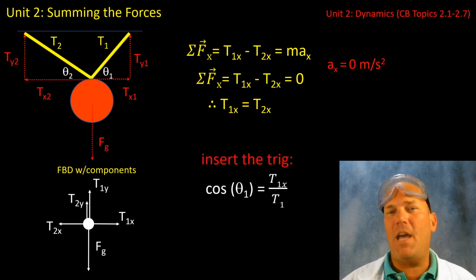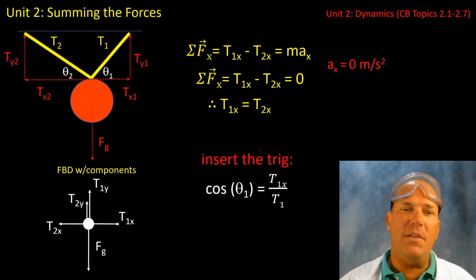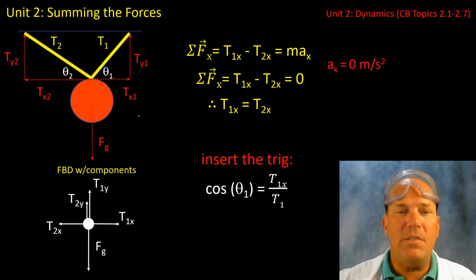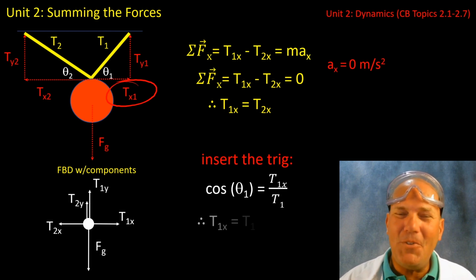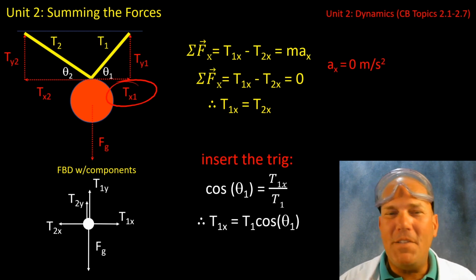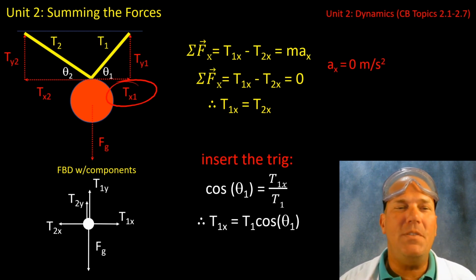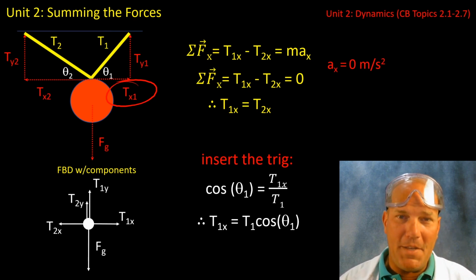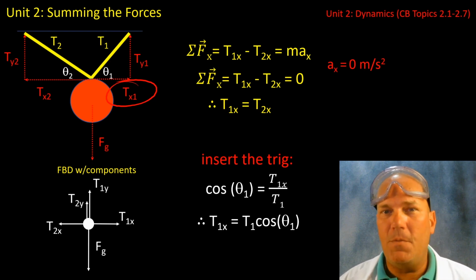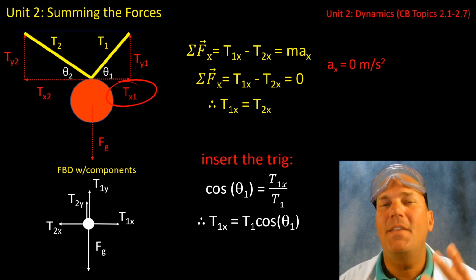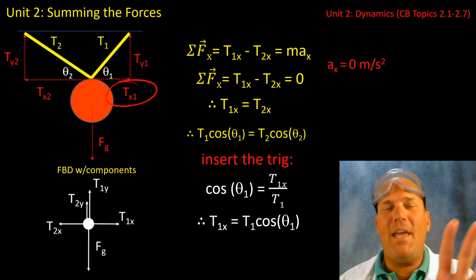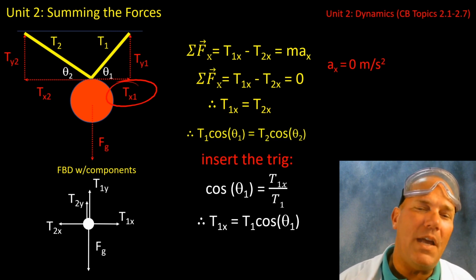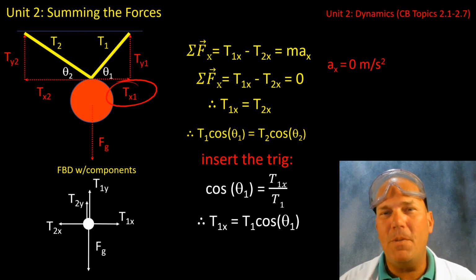Let's look at the trigonometry here. In this case here, because we are solving for that side of the right angle triangle, let's use a cosine function. Rearranging this, we can state that the force of tension in the x direction for tension force 1 is equal to tension force 1 cosine theta 1. All right, now we can plug that into our summation for the horizontal, and we'll be done with this problem here.